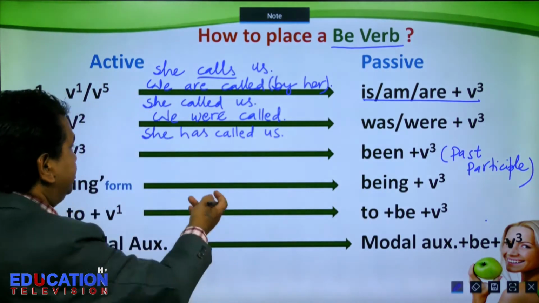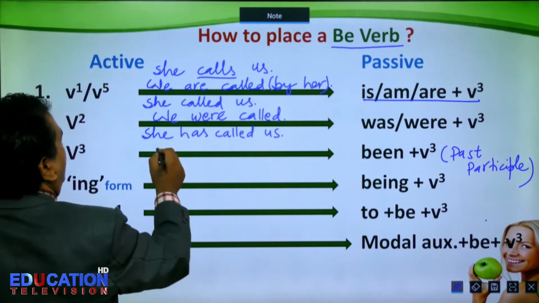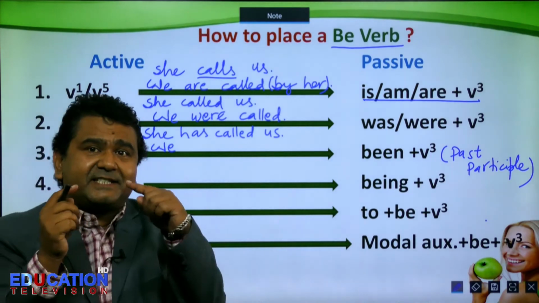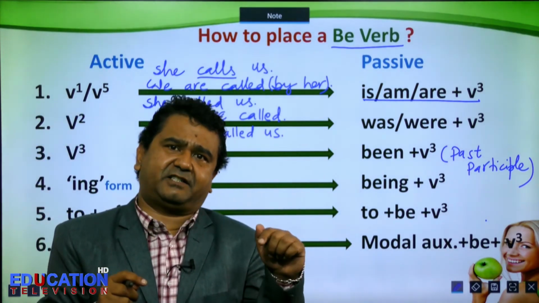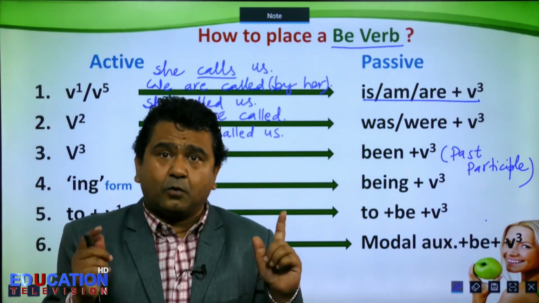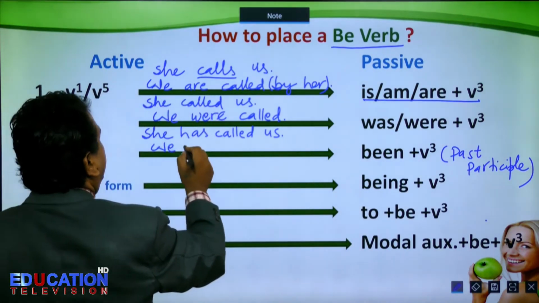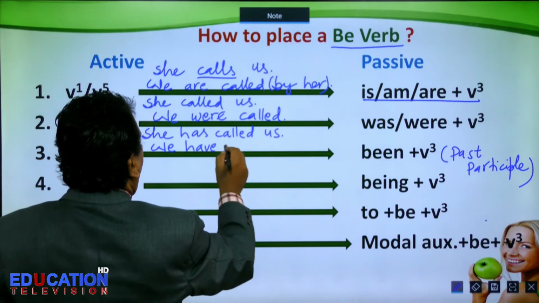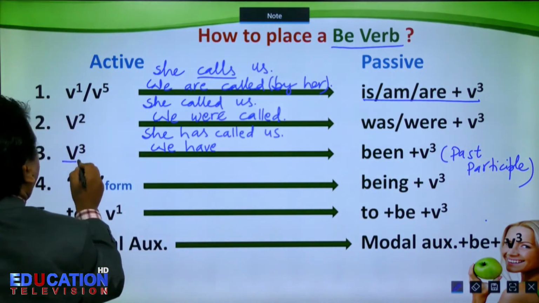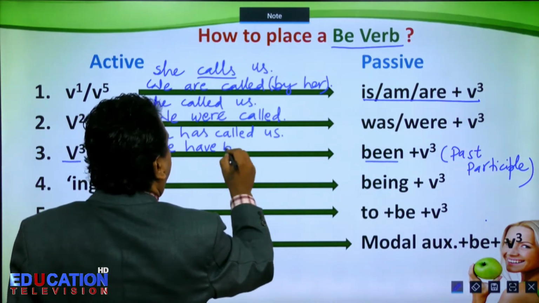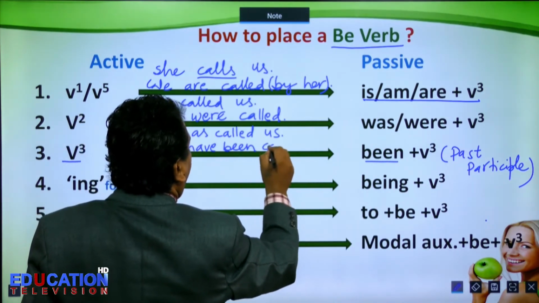Same thing. Us becomes we. Remember, with she we write has, but with we write have. We cannot write has. So we write we have. What form is it? V3. So we must write been. We have been called. Fine.